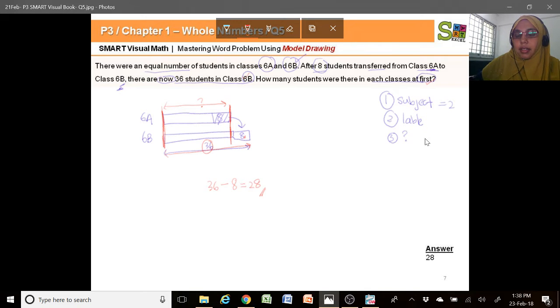That's how we get the answer for this question. It's simple, just a one-step model. One step, but the understanding has to be clear. Therefore, drawing a model does help our child understand the question better, so it's easier for them to solve it.